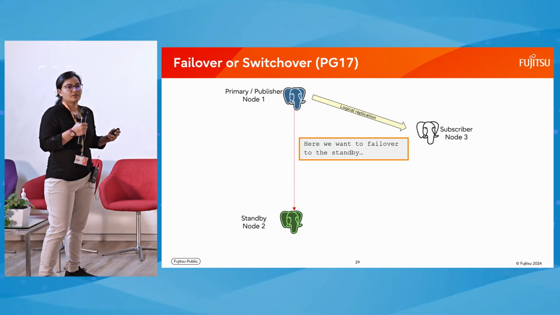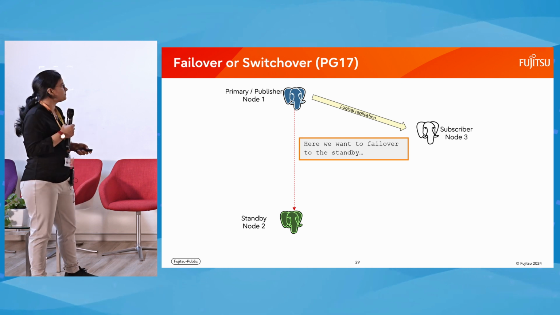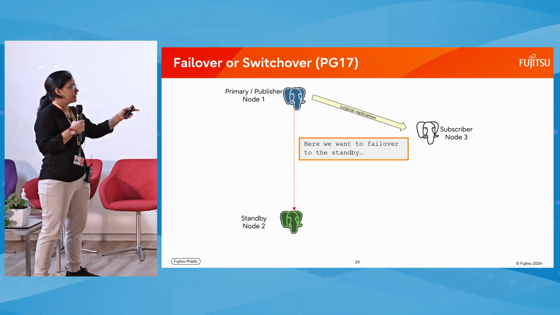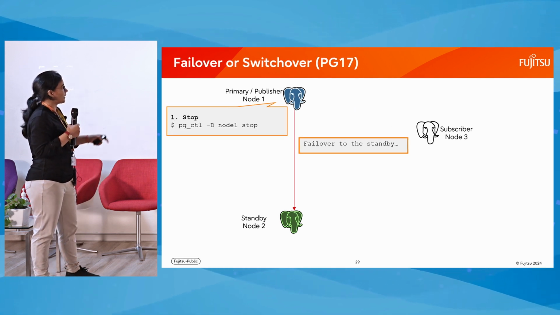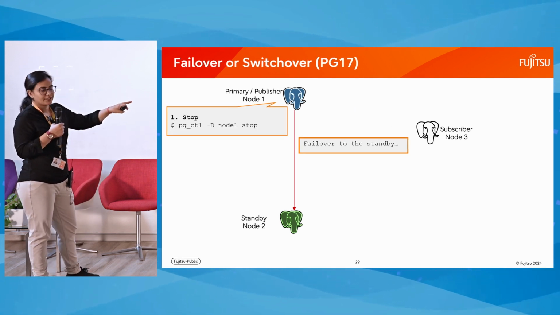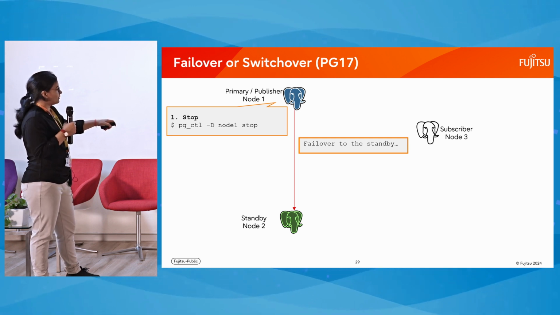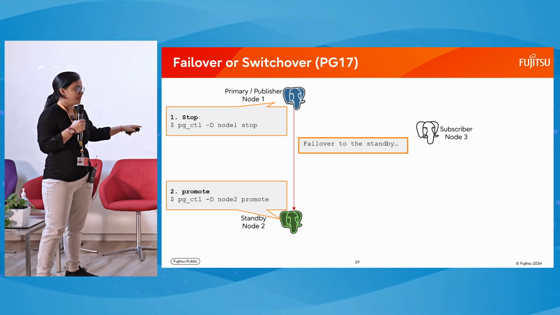So with this feature in PG17, let's see how failover will work. Say the same setup: three nodes, one primary, one standby, and a third subscriber node. As soon as the primary goes down, logical replication breaks between node 1 and node 3, and as part of the process we promote node 2 as the new primary.